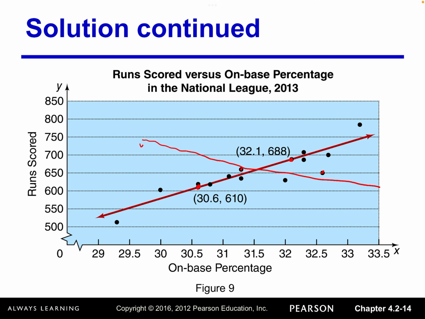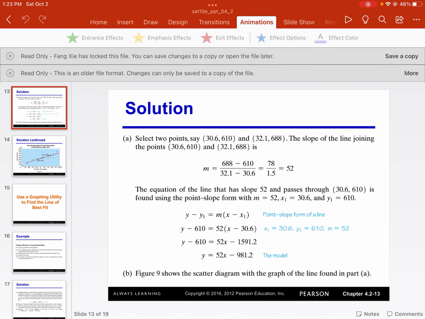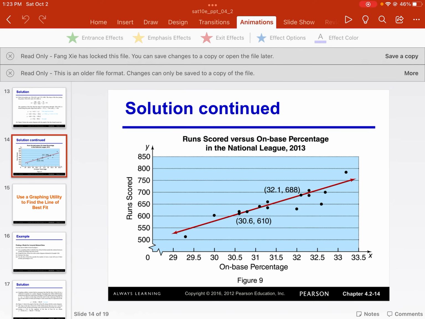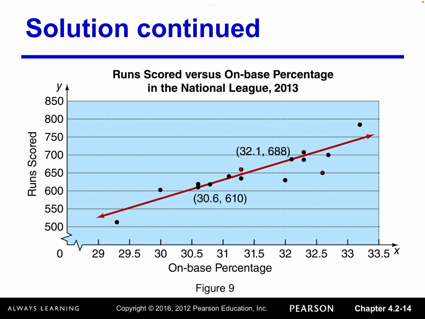I'm sorry, this is not accurate. Let me draw it again. If somebody uses these 2 points, the line forms like that. What if other people use these 2 points, and then it draws a line like that? So which linear function should we use to represent this data set?